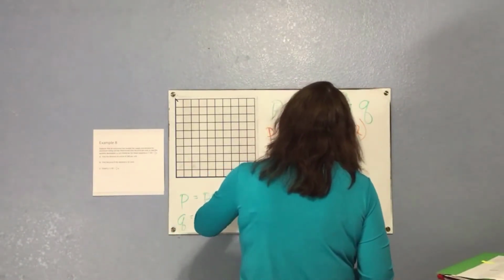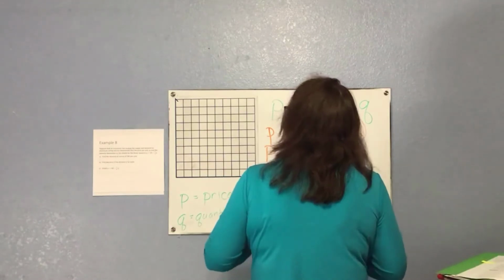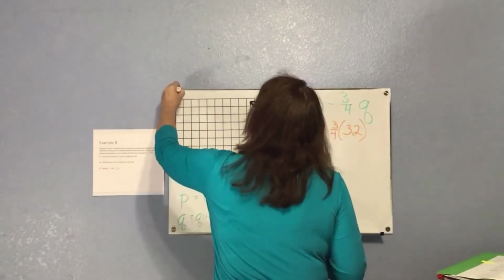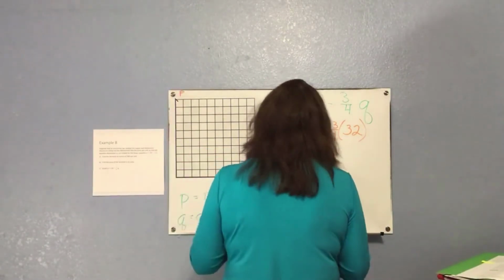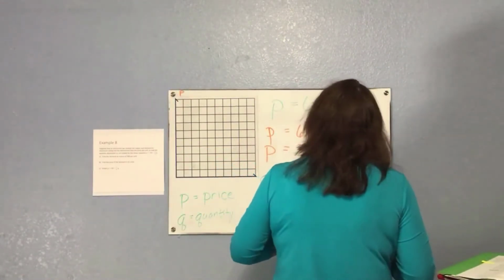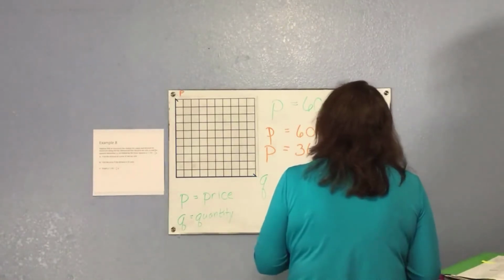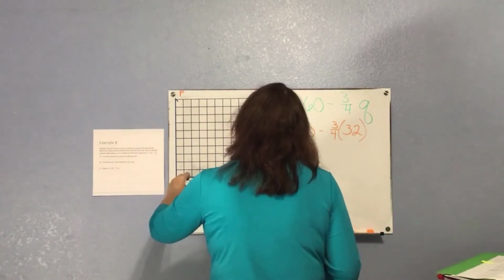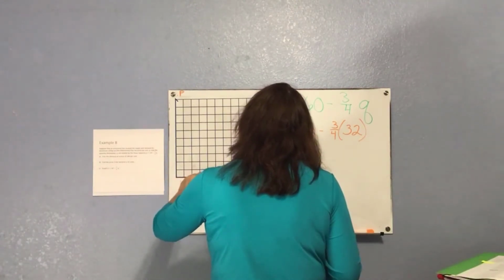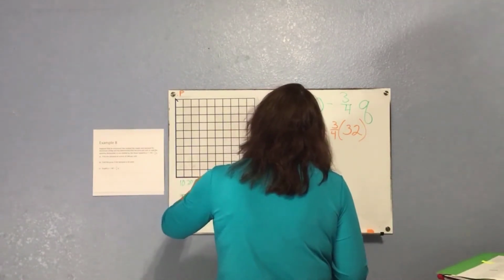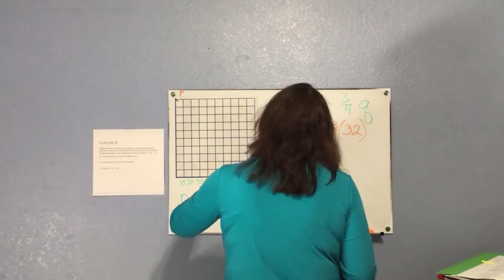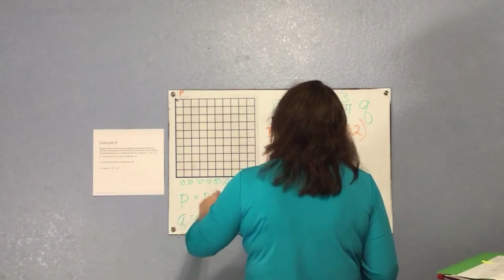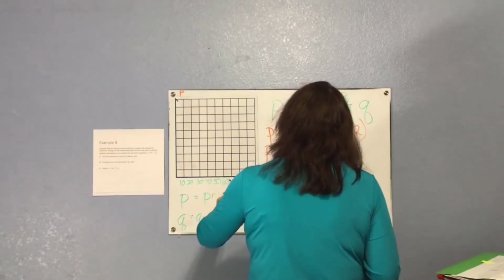We'll make this Q. And we'll put price up here on the vertical axis. And we're going to make each axis go out in increments of 10. Oh, forgot 70.